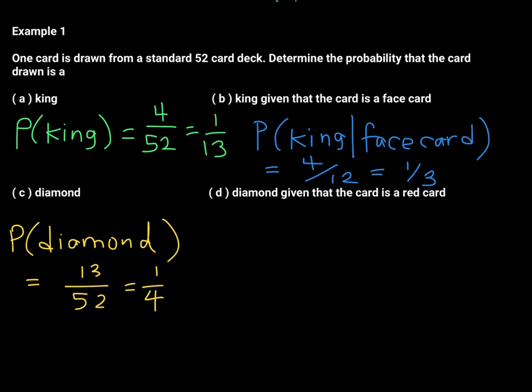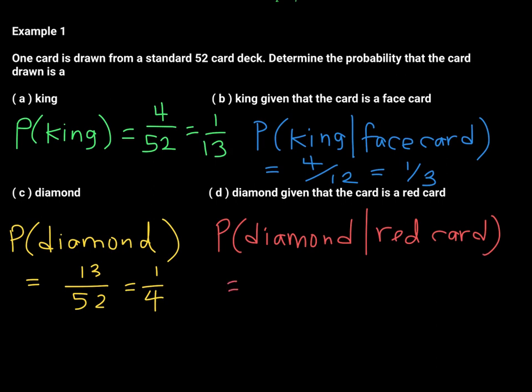All the diamonds and all of the hearts are red. That's half the deck. So the probability that we choose a diamond, given that a red card has occurred or will occur, is 13 diamonds out of 26 possible outcomes for red cards. So then this is 1/2.